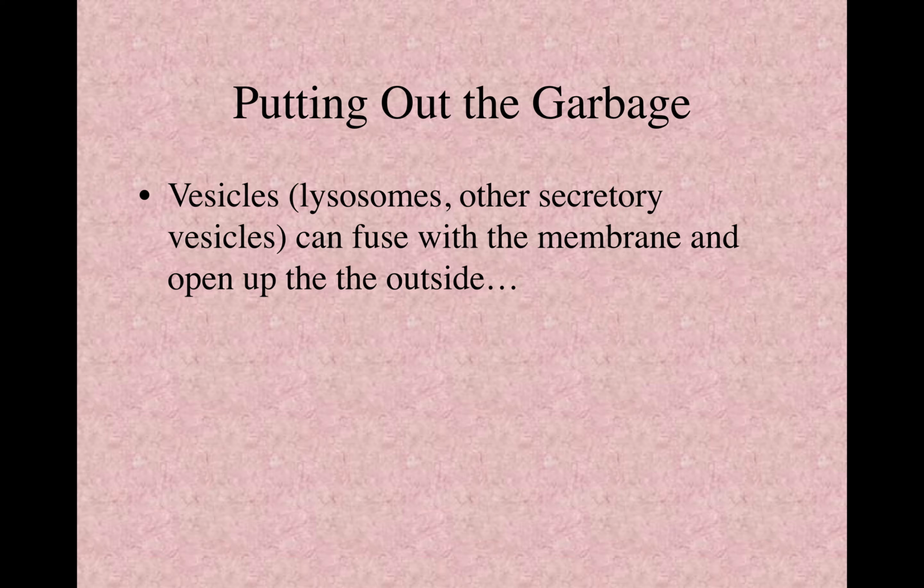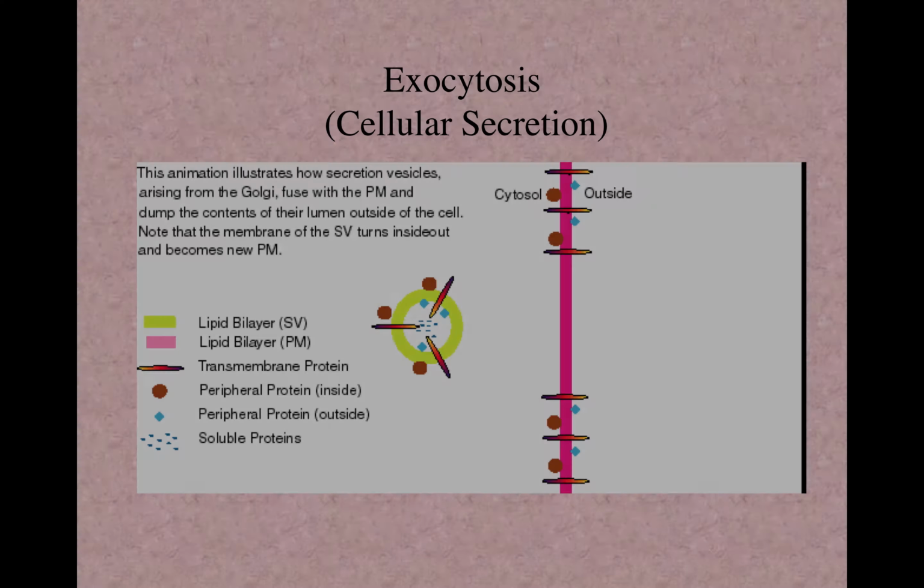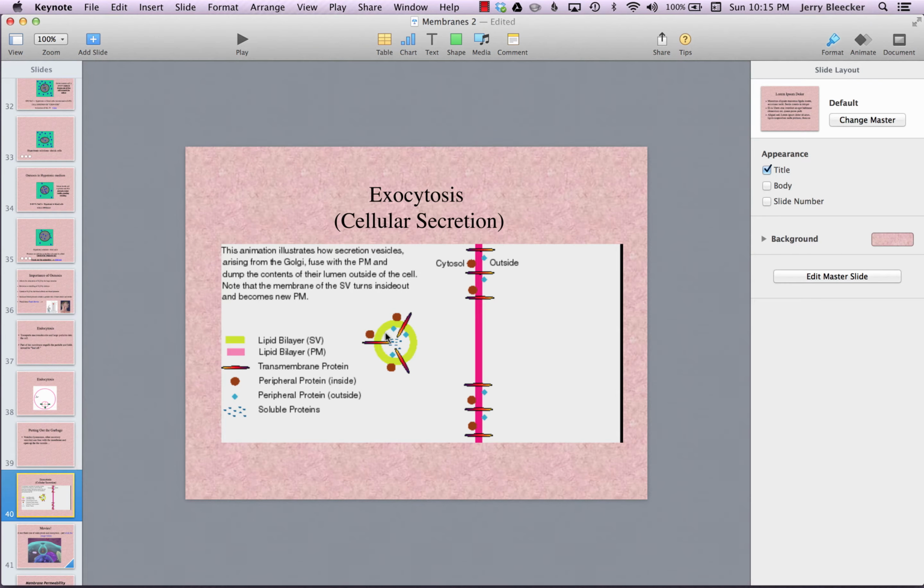I'm sorry that this animation isn't working, but let's pop a little animation up for you. It's not really a hard thing to do. Exocytosis is just the exact opposite of endocytosis.